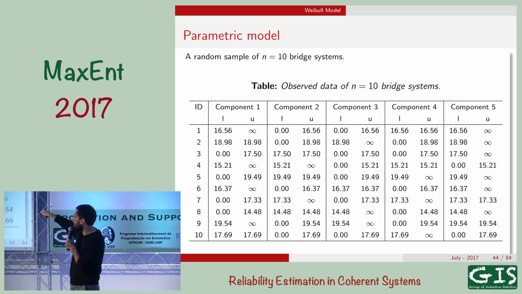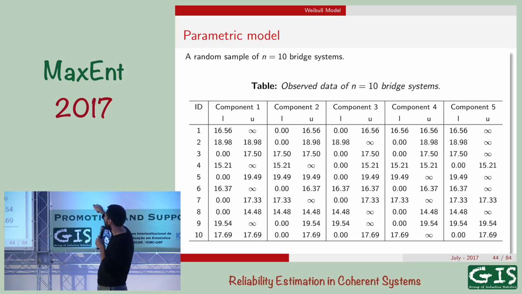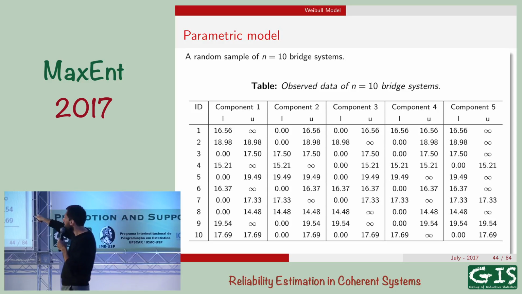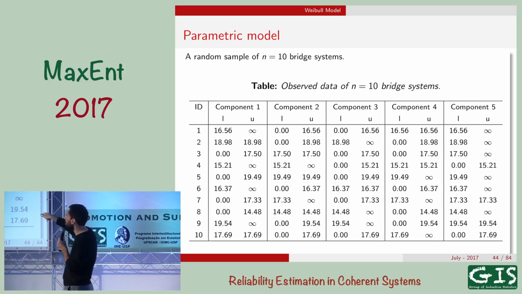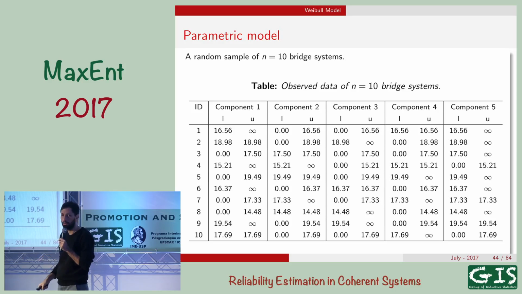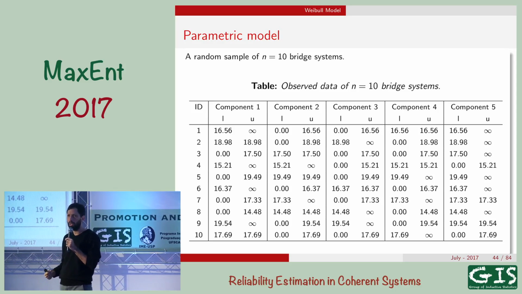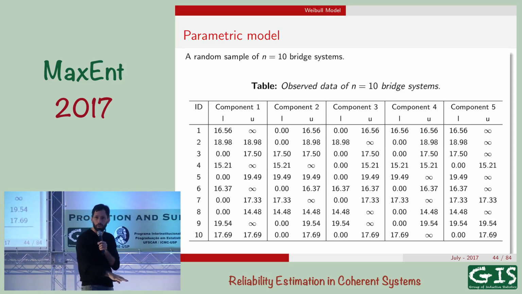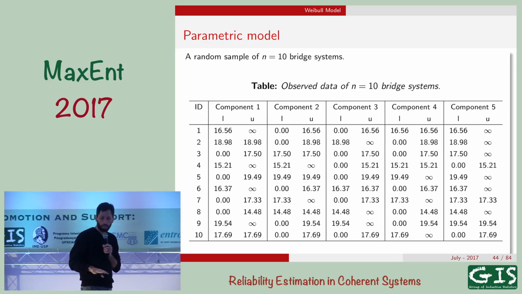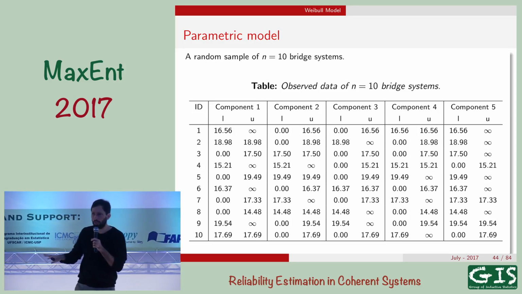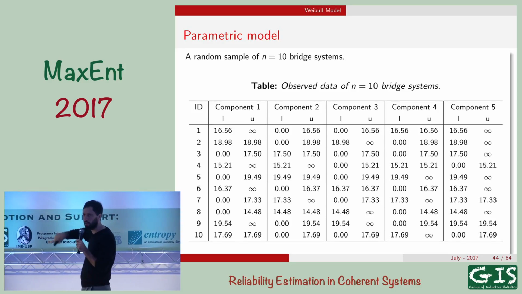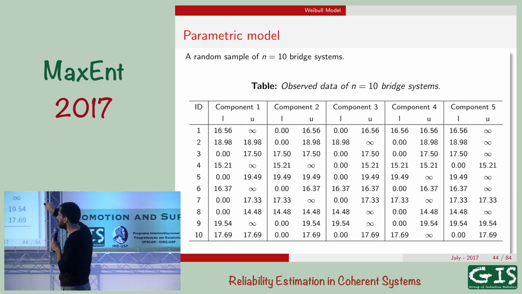Component 3 is left censored. Here is right censored. But look at this data and forget components 2, 3, 4, and 5. Look only at component 1. What information will I need to solve my problem now for component 1? If I look only at the marginal distribution of the component, the information that I need from all the other components is how to represent this data.